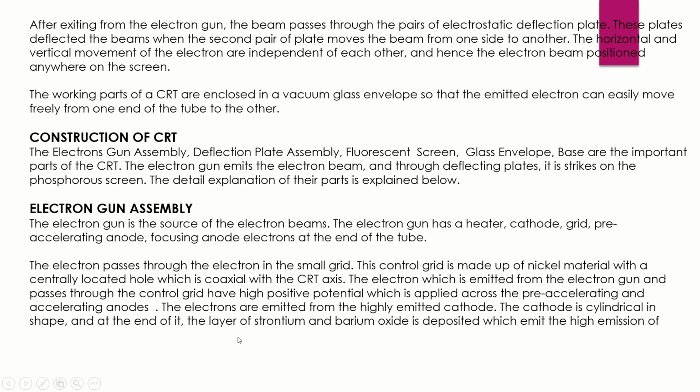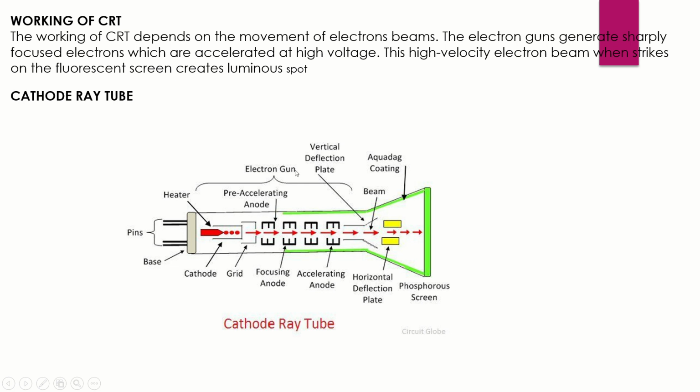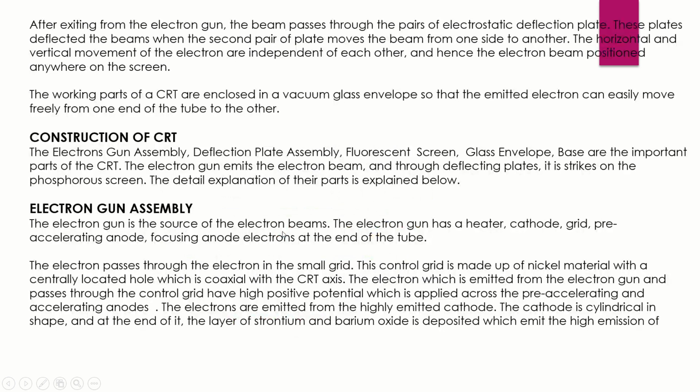A positive high voltage is applied across the pre-accelerating and accelerating anodes. The electrons emitted from the cathode have a high voltage.